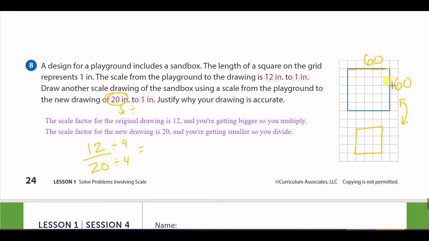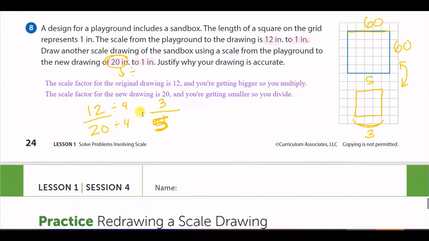So the ratio of the new drawing to the old drawing is 3 to 5. Sorry, I said 4 before. See? Getting tired. 3 to 5. So that pans out. There you go.